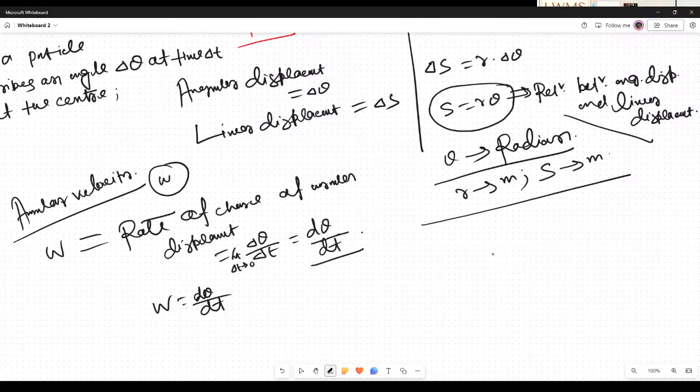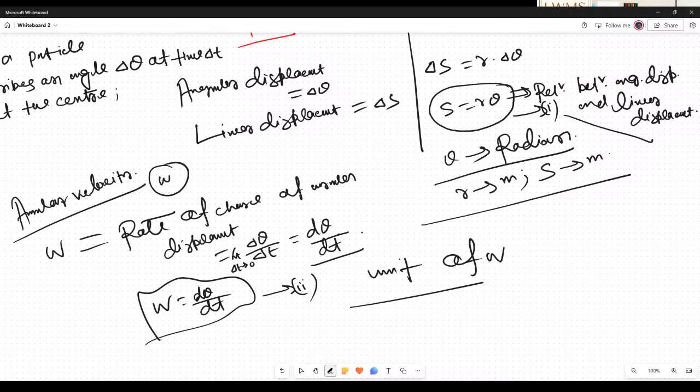What is the unit of omega here? This is our number 1 relation. This is number 2 relation. Unit of omega will be rad per second or revolution per minute.